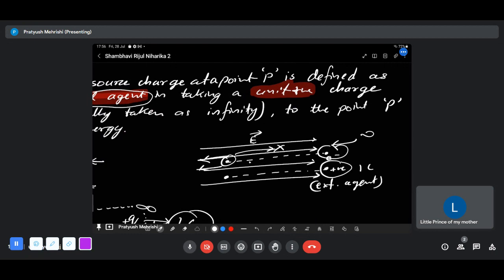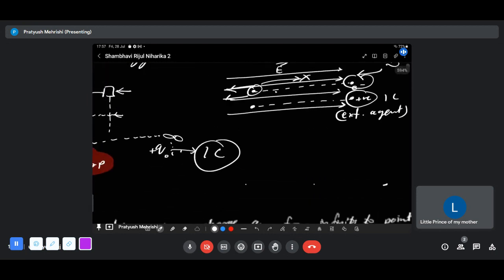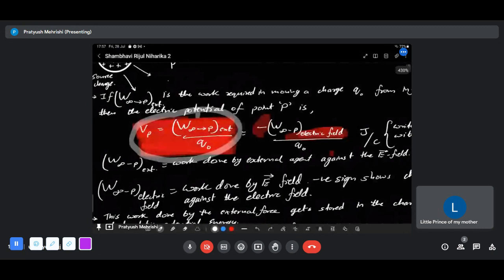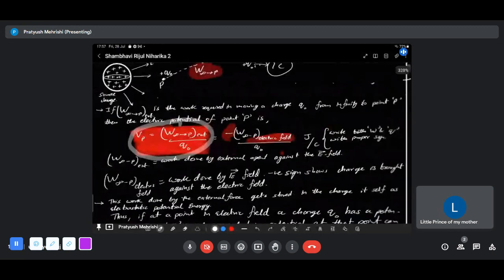It means the electric field applies a force, but that force is smaller than the force by the external agent. So what is happening? The electric field here is doing negative work. The electric field was trying to stop, but still the charge is coming. This is called negative work. This is the example of negative work. So always remember that work done by the external agent is equal to negative of the work by the electric field because the direction is opposite.